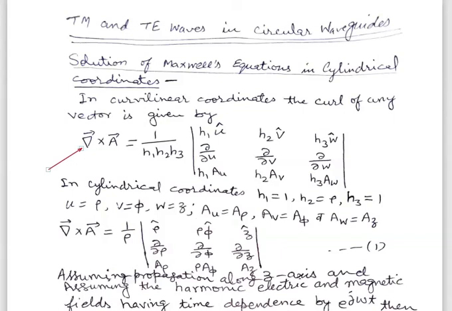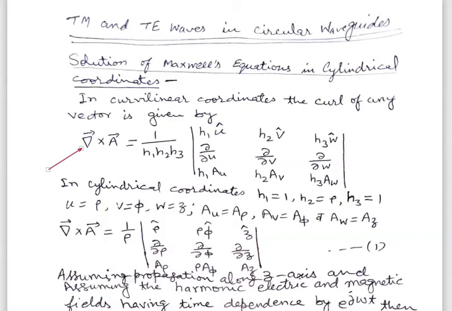Now for the cylindrical coordinates, the scale factor values are given by h1 equal to 1, h2 equal to rho, and h3 equal to 1. And the curvilinear coordinates u, v, and w are respectively replaced by rho, phi, and z.